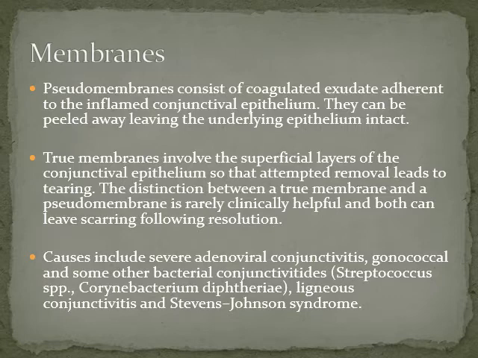The distinction between a true membrane and a pseudomembrane is rarely clinically helpful, and both can leave scarring following resolution. The causes include severe adenoviral conjunctivitis, gonococcal, and some other bacterial conjunctivitis like streptococcal, Corynebacterium diphtheriae, and so on.